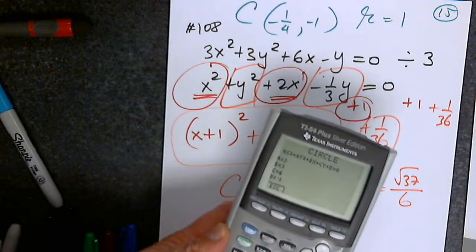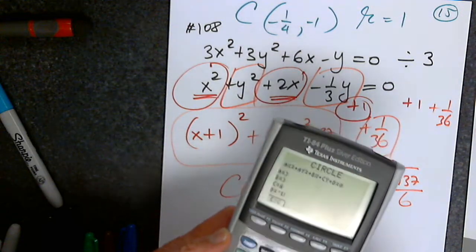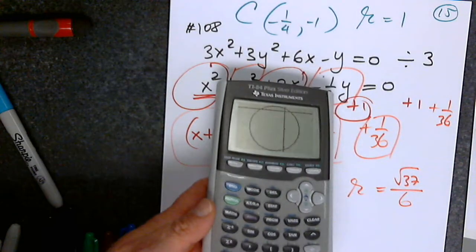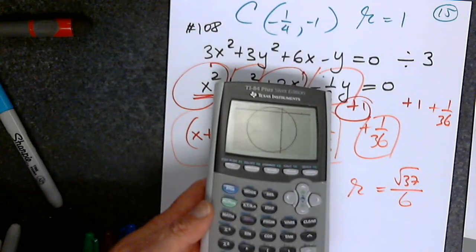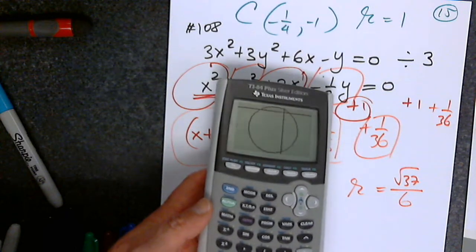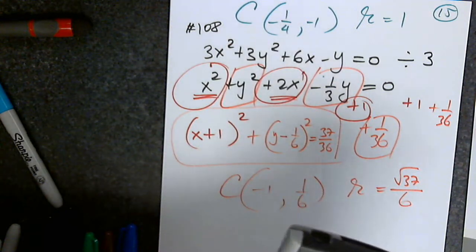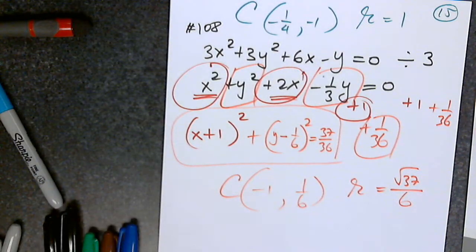D is negative 1. And if you press on graph, it will graph it for you, but it will not tell you what is the radius and what is the center. But at least we know going up front if it's going to be a circle or not. Very good. Any questions on this?